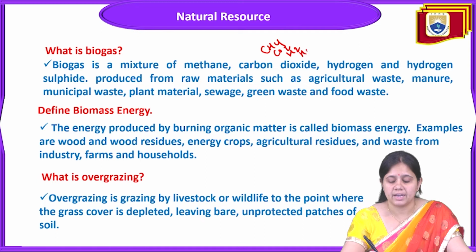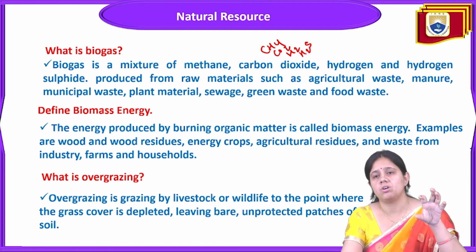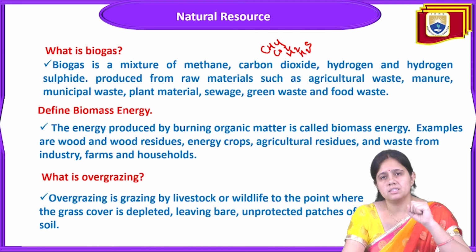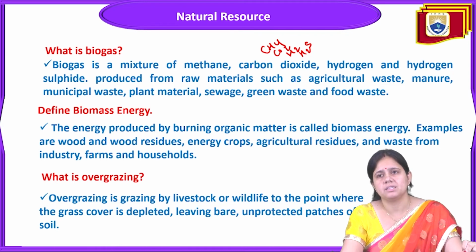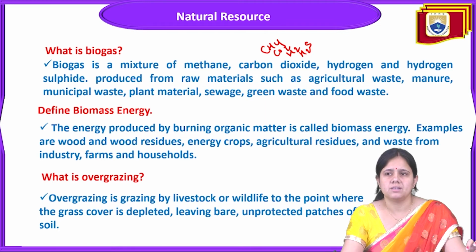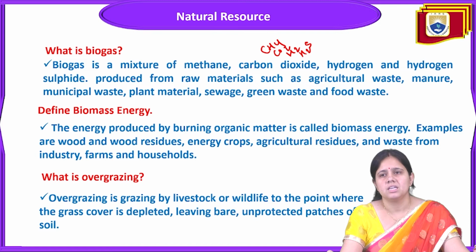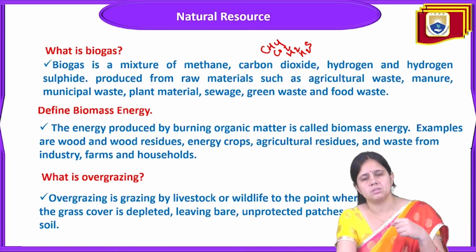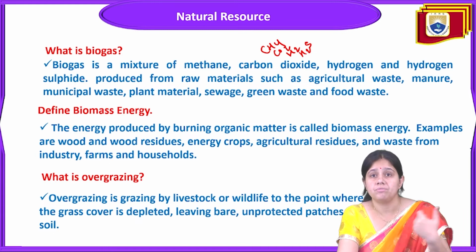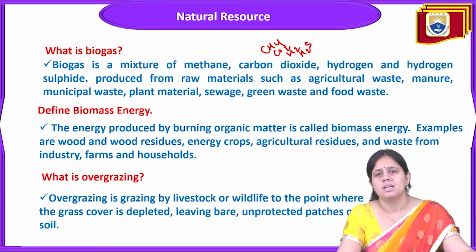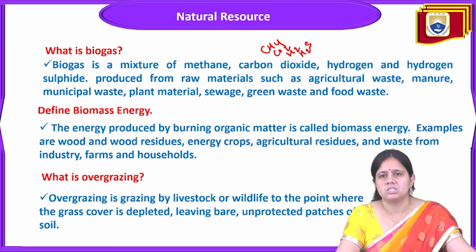These four gases together are called biogas, and it is produced from raw materials like agriculture waste, manures, municipal waste, plant material, sewage, green waste and food waste. The production of gas by the use of these raw materials is called biogas.